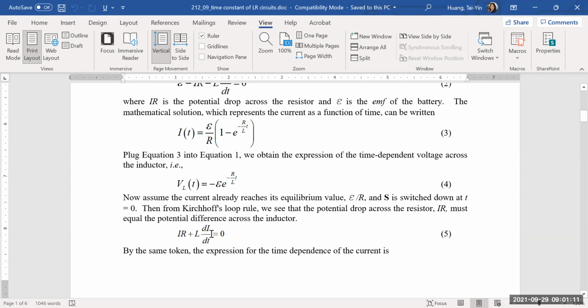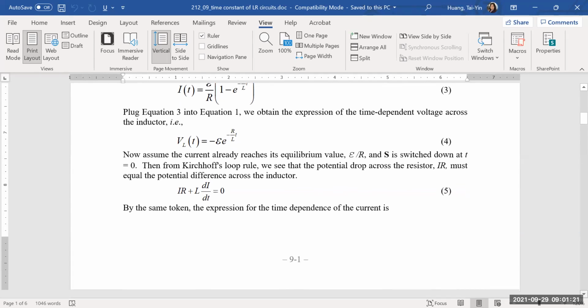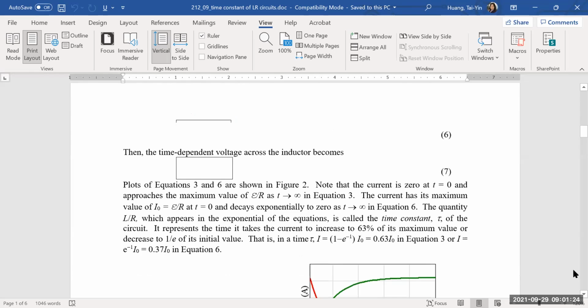Now, when we remove the power from the circuit, then of course there's no source term. You still have the first order differential equation, and you solve for the current, and the current will have this form. I don't know why it's not showing.